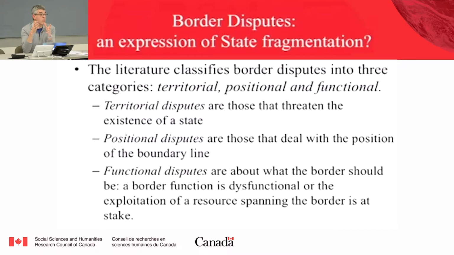Because the number one reason for war, as documented by people who only study instances of war, is actually territorial disputes.